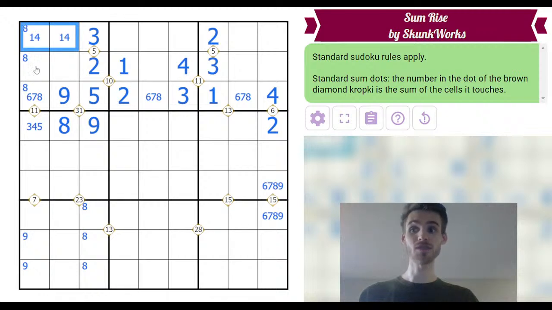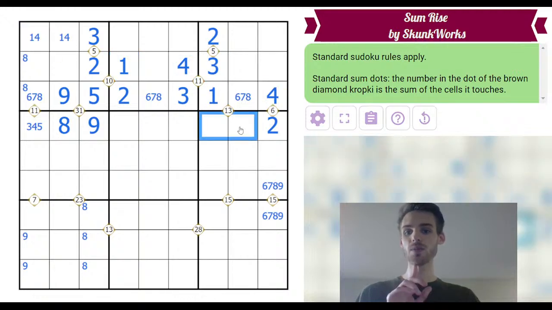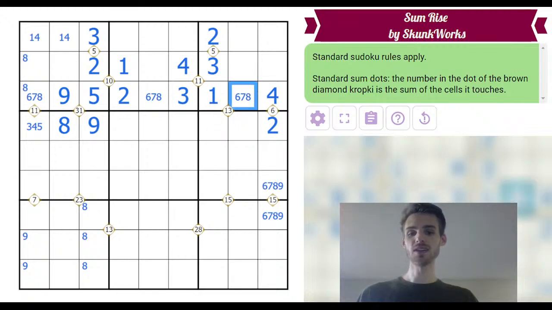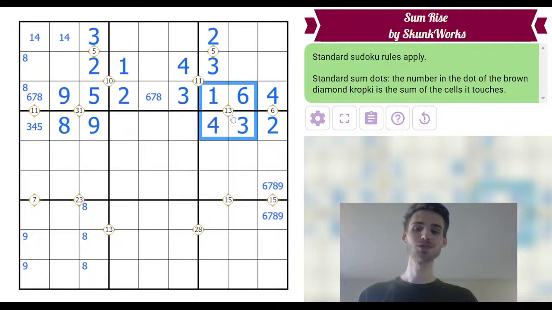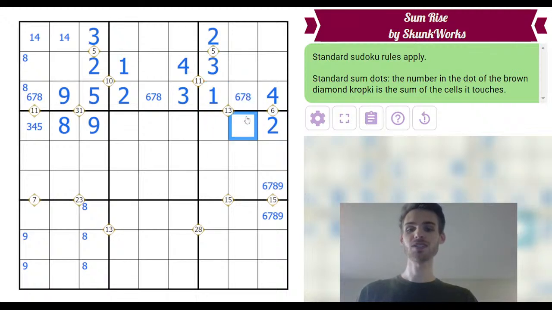Let's pencil mark that before I forget. That's just from these 1s and 4s, pushing 1 and 4 up there. But look here. If we don't use a 1 in this cell, then the minimum we're going to do is 6 plus 3 plus 4. That's 7 plus 7, and that's 14, not 13. So in fact, even though we don't really know what's going on, it needs another 1.